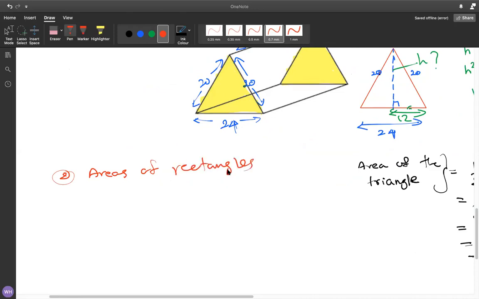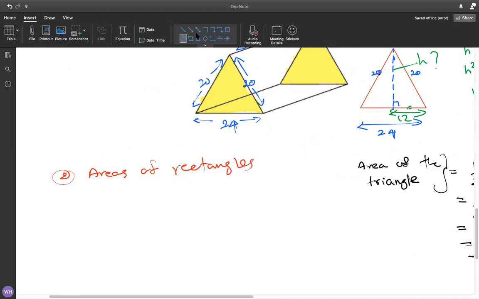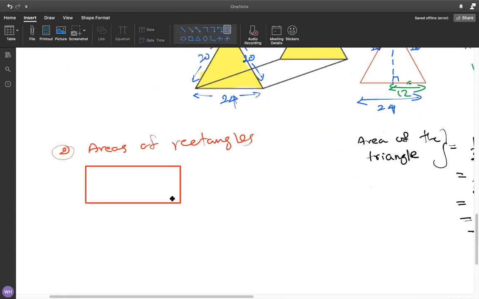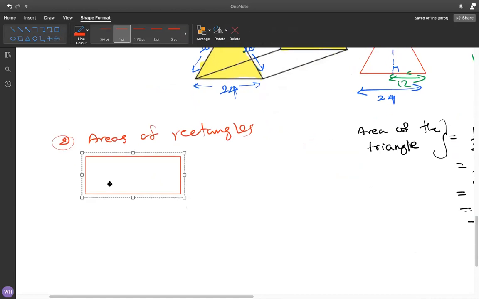How many rectangles are here? Yes, 3. Two are identical, and the other one is a little bit different.